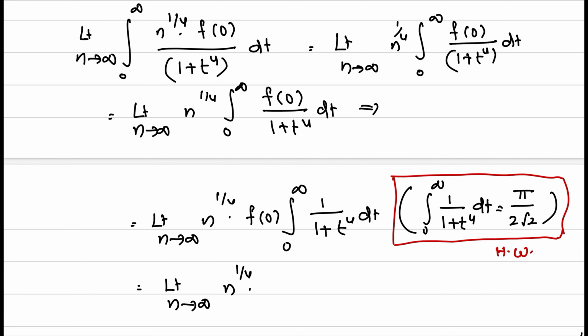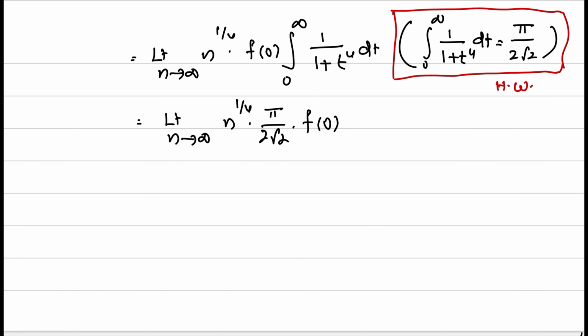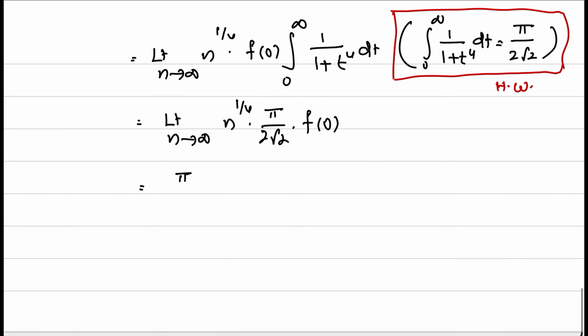Then this becomes pi by 2 root 2 into function 0. That means this value becomes pi by 2 root 2 into function 0 into limit n tends to infinity n to the power of 1 by 4.